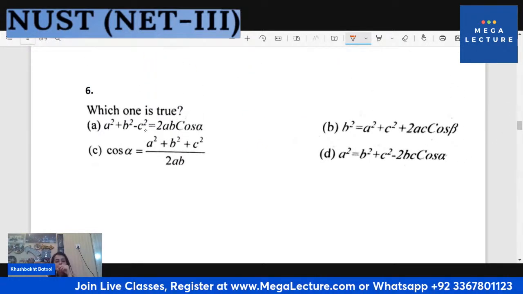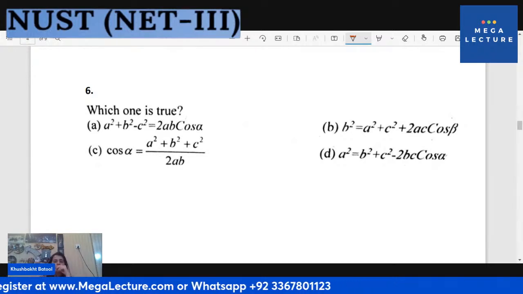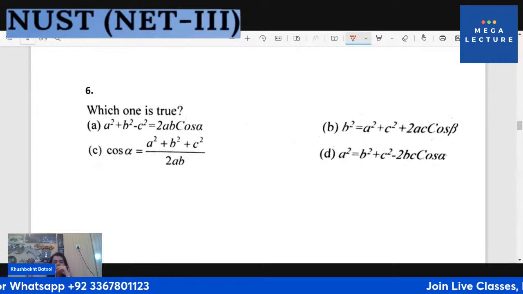Okay, now it says which one is true. Now all of these options have cos, so you need to think about the cos rule, which we use for finding the angle or any side, and then you're able to solve it.